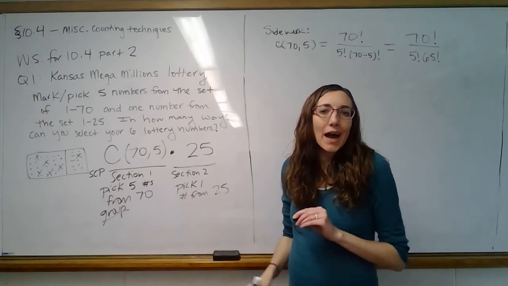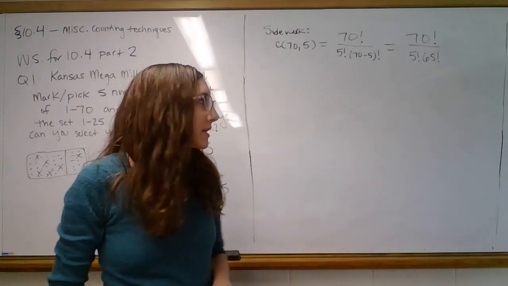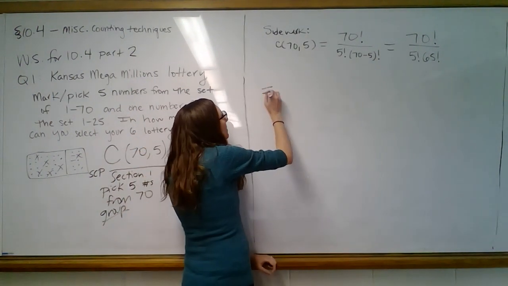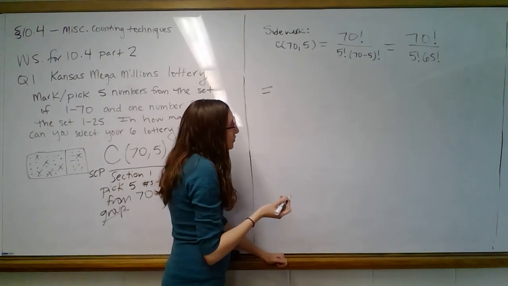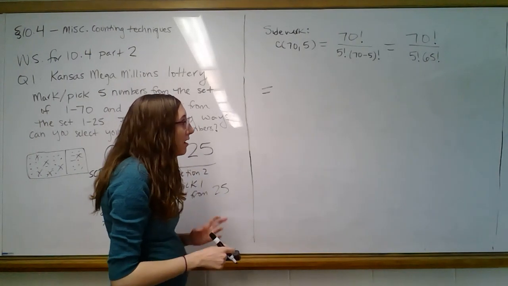And I do want you to get in the habit of always writing this out, how we're simplifying it, because it makes a difference to make sure that you're showing all the steps you need to get to the end.